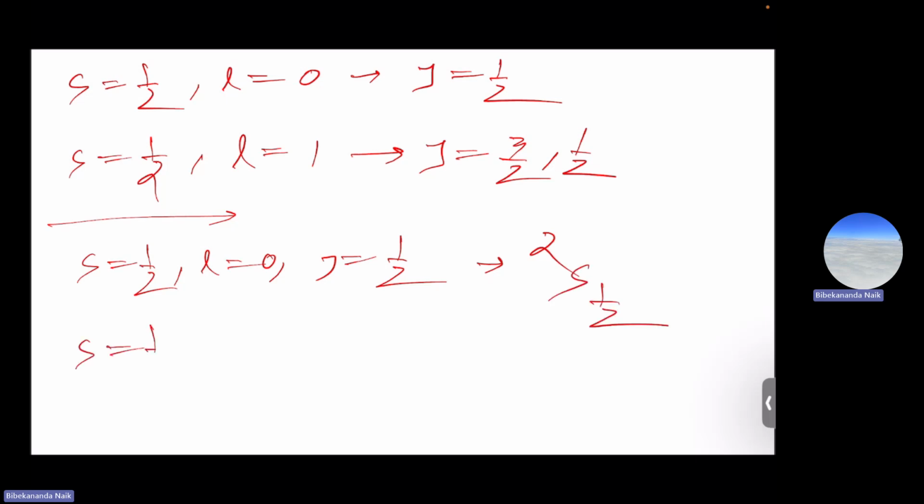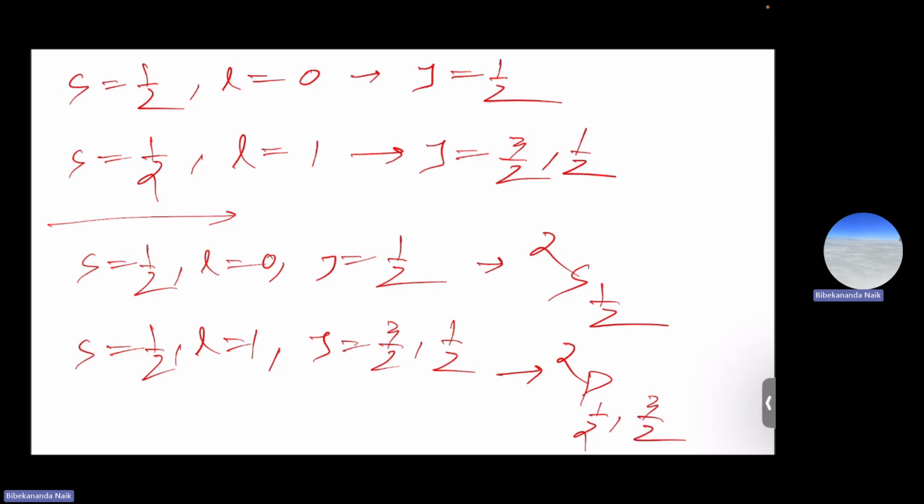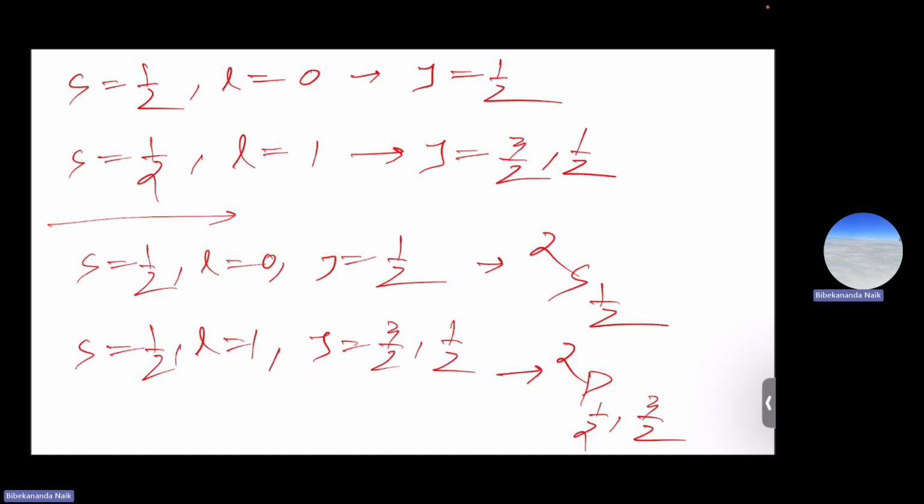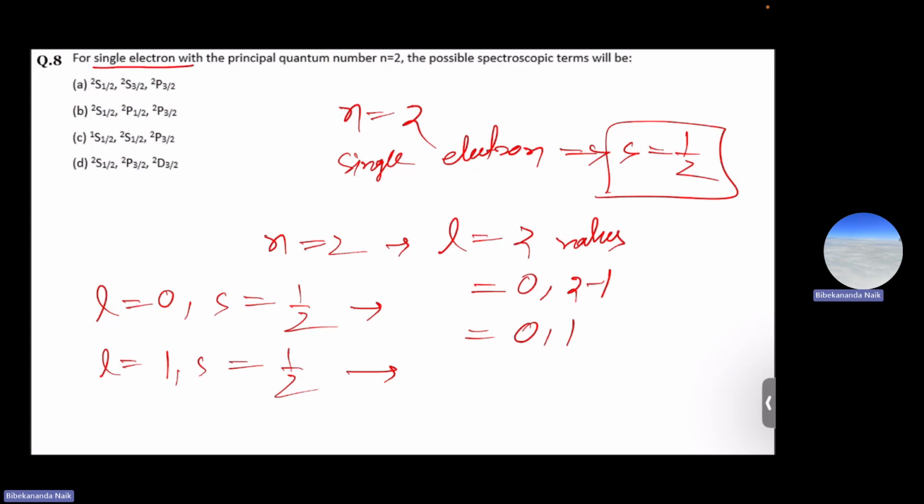Then for S equal to half, L equal to 1, J equal to 3/2 and 1/2, 2S plus 1 is 2, L equal to 1 means P, so we have 2p 1/2 and 2p 3/2. These are the three labels that come from a single electron with principal quantum number n equal to 2: 2s 1/2, 2p 1/2 and 2p 3/2. Option B is the correct option.